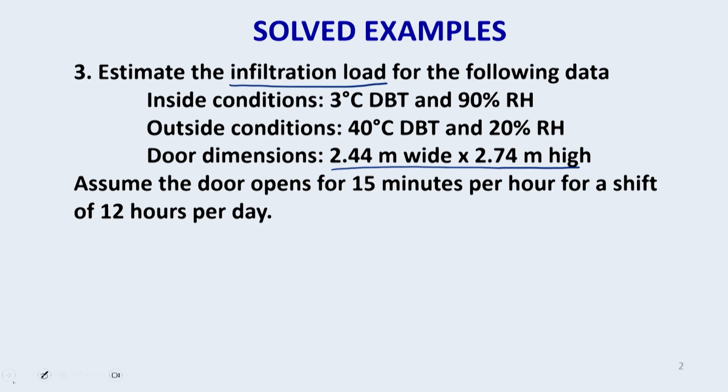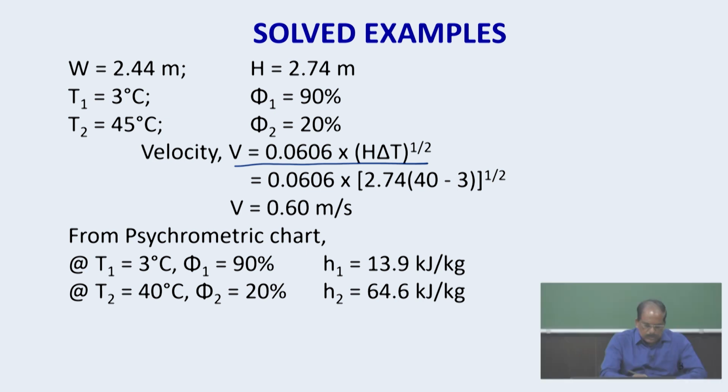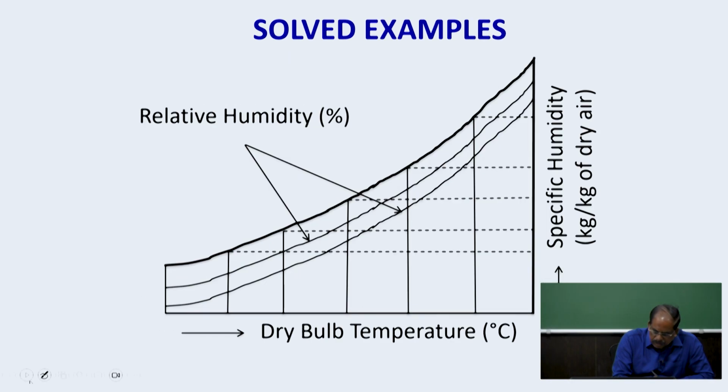If we recollect the formula to determine the infiltration load or the ventilation load, we need to calculate the velocity using the formula V = 0.0606 into the square root of height into delta T. This is the formula I discussed when I was taking the theory portion. So let us calculate the velocity.